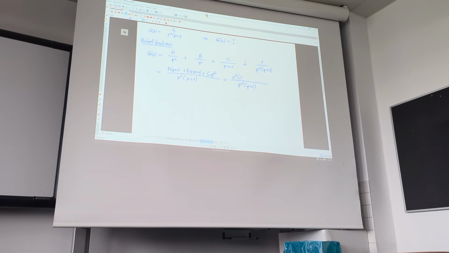So we have p squared times c plus b. And then the linear part, p: we have it a times, and here we have b times p times 1, so plus b. And then finally the constant part is just a.